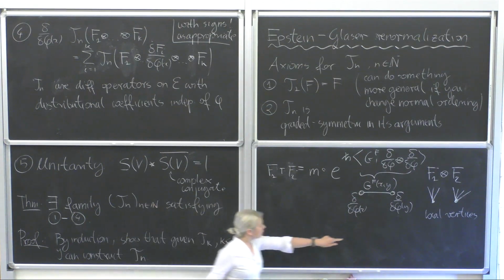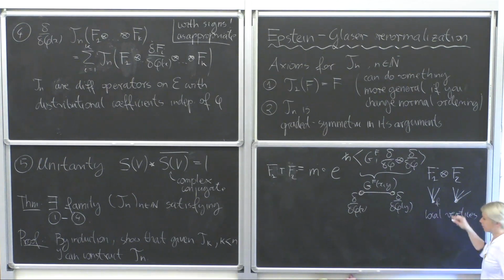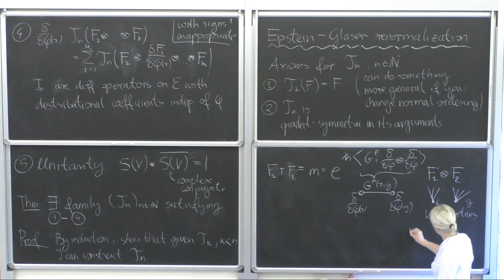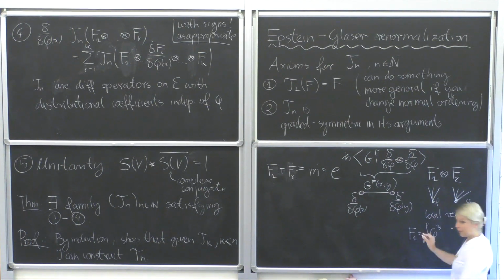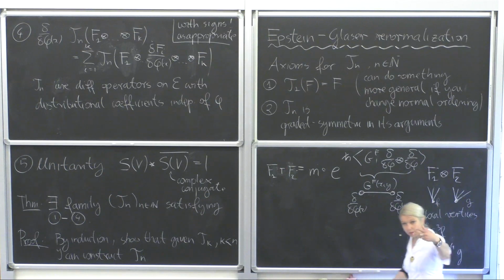So for example, if I put here a test function and here another test function, F1 here would be phi cubed with f, and then F2 would be phi to the fourth with g, okay? Because these are local functionals, I can represent them as a vertex with legs.